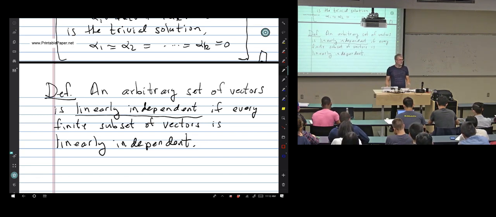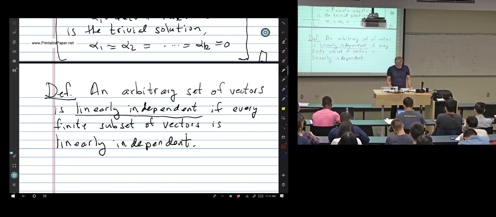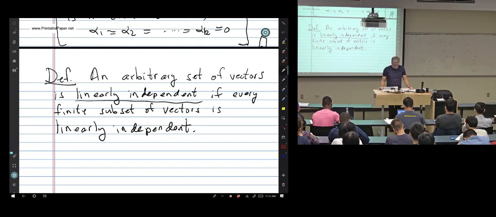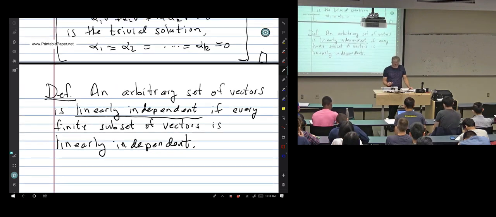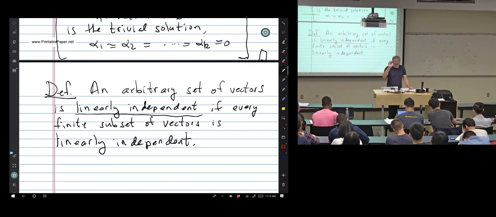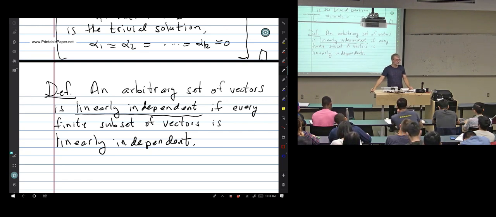So, yes, this is excluded itself, otherwise it can never be satisfied. Like, the subset can also be the set itself. Yeah, that's fine. But it's not finite, maybe. Okay? Yeah, we're going to do an example where the set has an infinite number of elements, and we will check that they are linearly independent. There's no finite subset that is dependent. Every finite subset is independent.